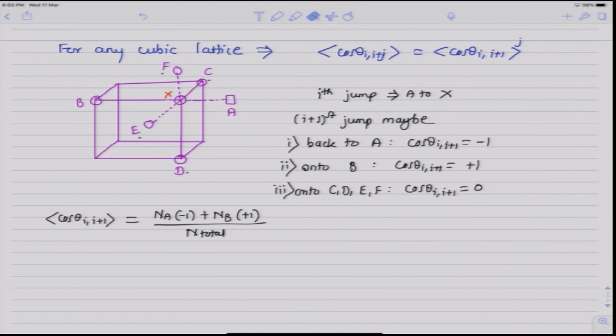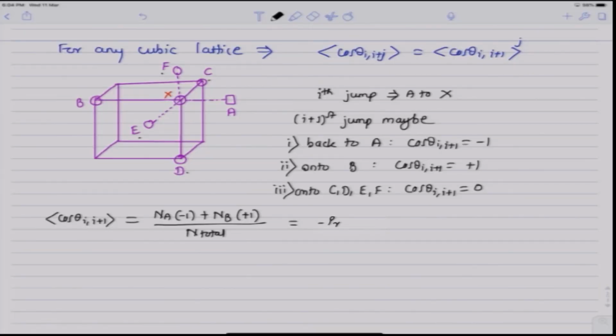Now, n_A over n_total is the fraction of atoms which have made the reverse jump back to A. So, it can be considered as the probability that an atom makes a reverse jump. Let us denote it as P_R.